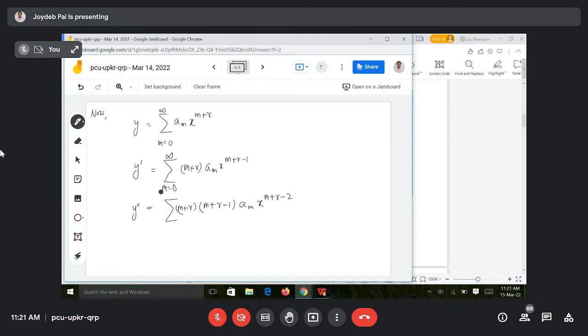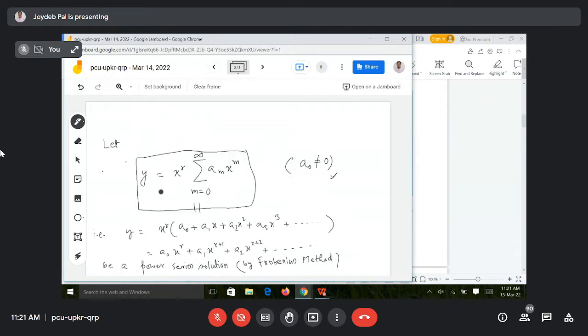And limit same. So in Frobenius, you have to keep this differentiation in mind. The limit will be the same for every derivative, because here r is unknown and we don't know what is the value of r.